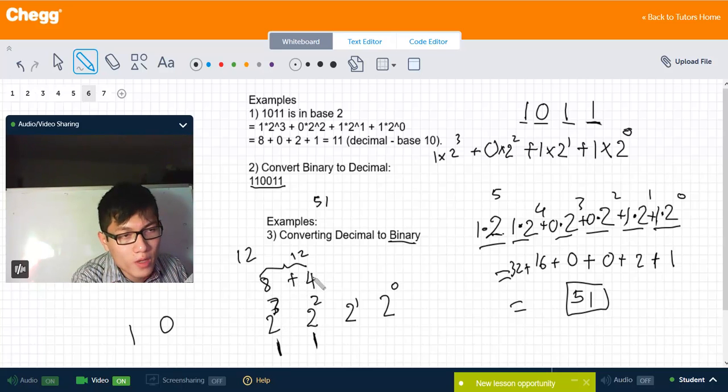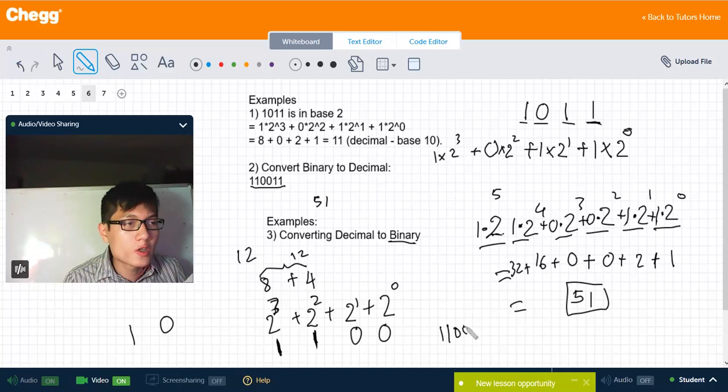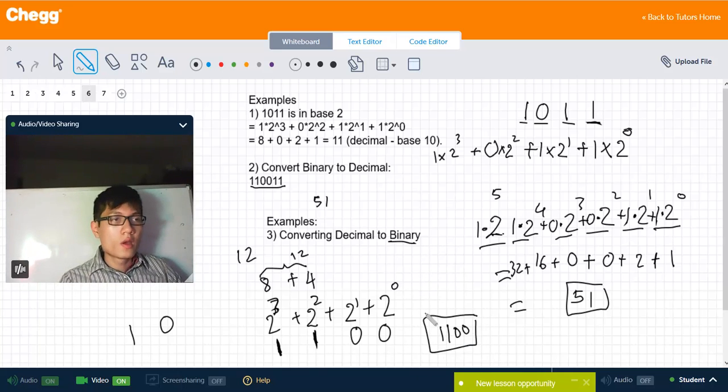You want 8 plus 4, and if you want these to add together, you have to let the coefficient be 1 here, because if you put 0, then 0 times 8 becomes 0, so the value of 8 goes away. So you want 1 here, and we already reached the 12 that we want. So the rest, you don't need their value, so you put 0. So finally, 1 1 0 0 is the binary, base 2, for the base 10 number 12.